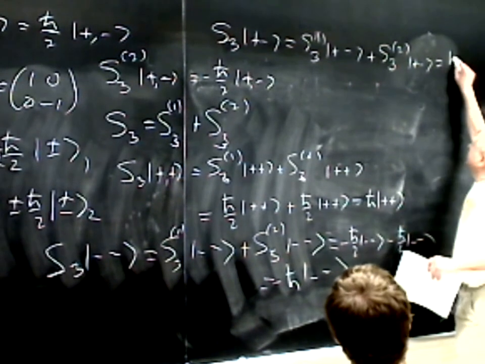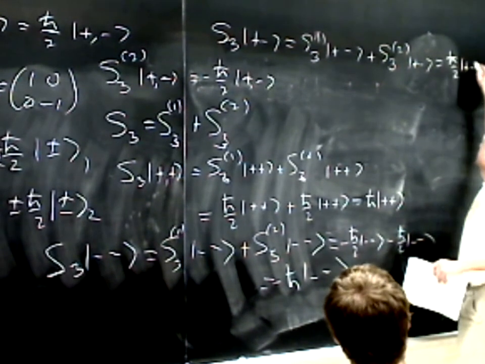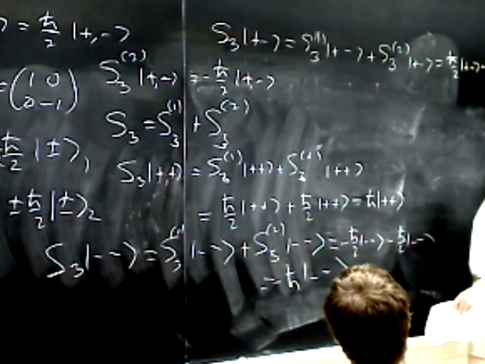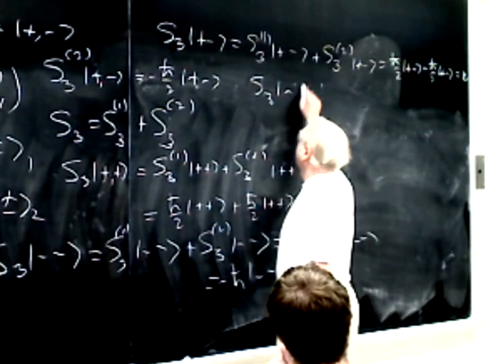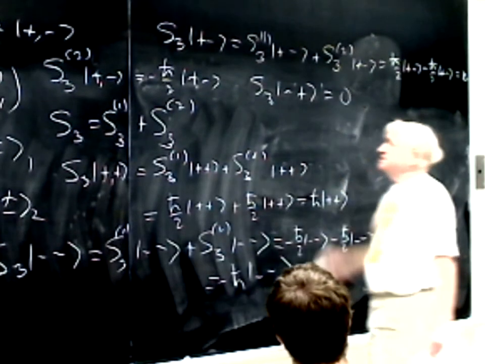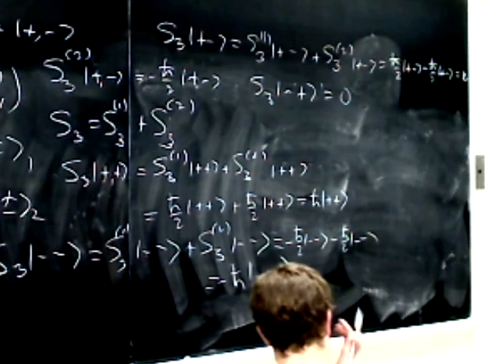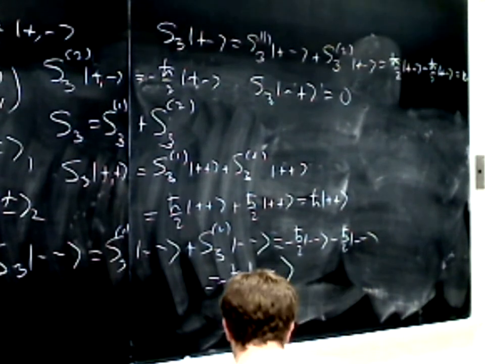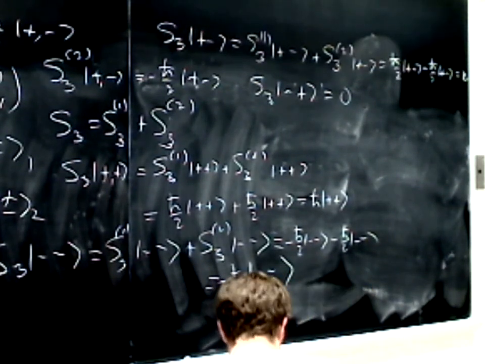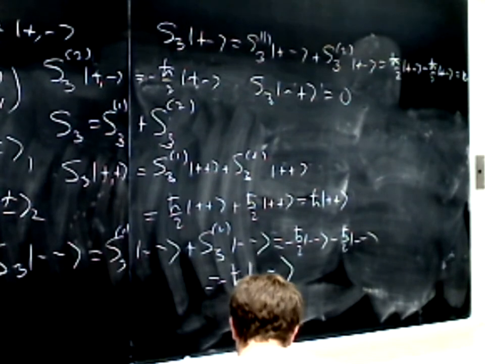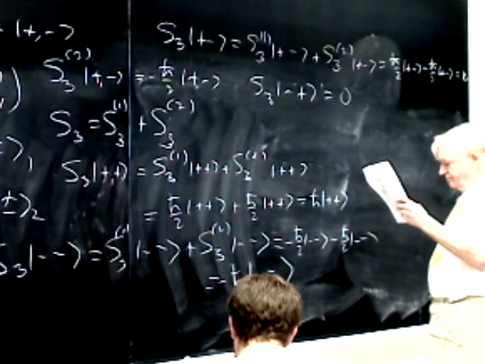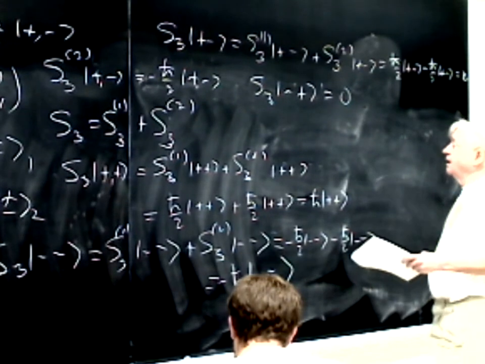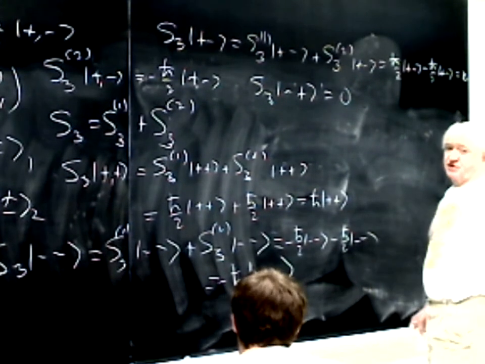And this will be h bar over 2 plus minus minus h bar over 2 plus minus, which is 0. Similarly, S3 on minus plus is 0. So these are eigenvectors of S3 with eigenvalue 0. Okay. Any questions so far?